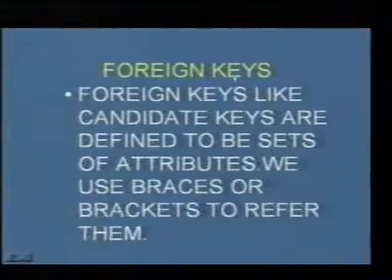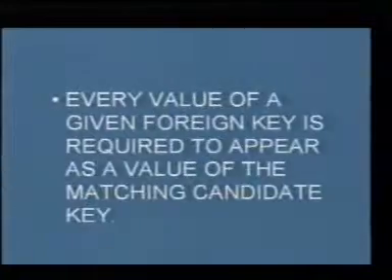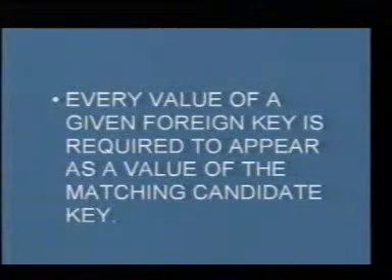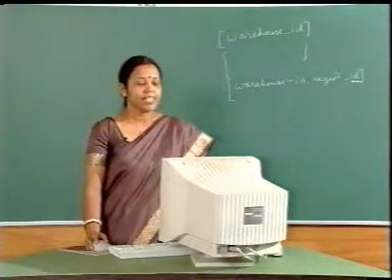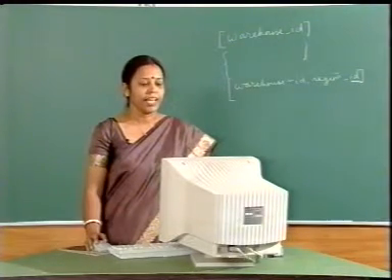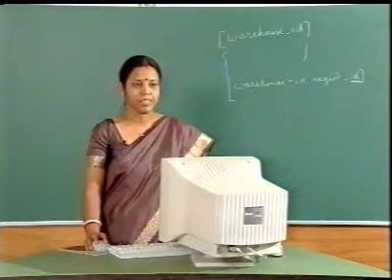Next we will look at the concept of foreign keys. Foreign keys, like candidate keys, are defined to be sets of attributes. We use braces or brackets to refer to them. Every value of a given foreign key is required to appear as a value of the matching candidate key. Let us understand the concept of foreign key from these two relations.